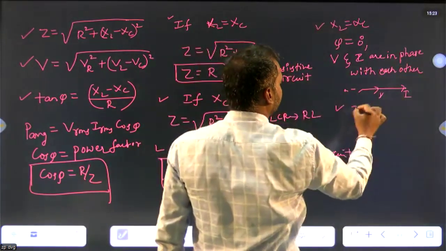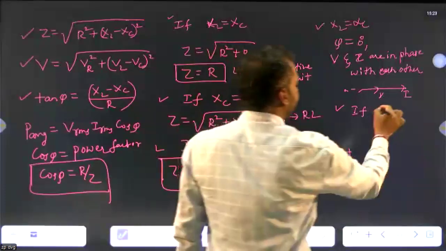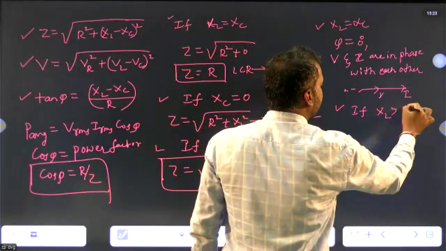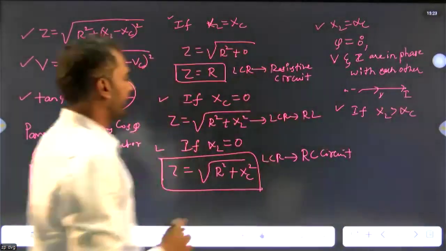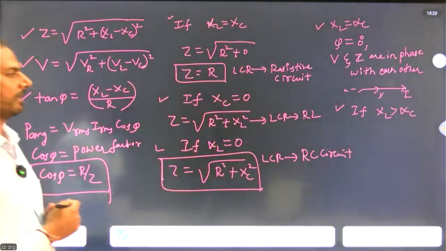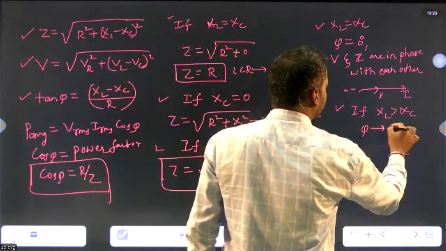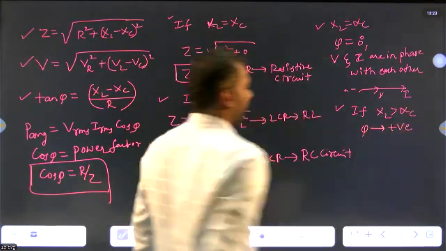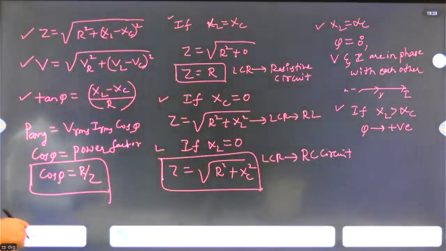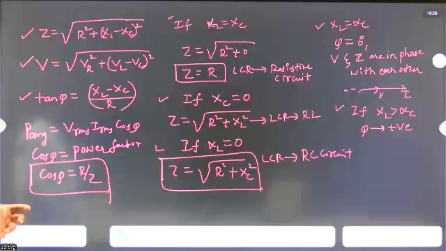If XL is greater than XC, then what happens? If XL is greater than XC, phi will be positive. The phase angle between resultant voltage and current is positive if XL is greater than XC.